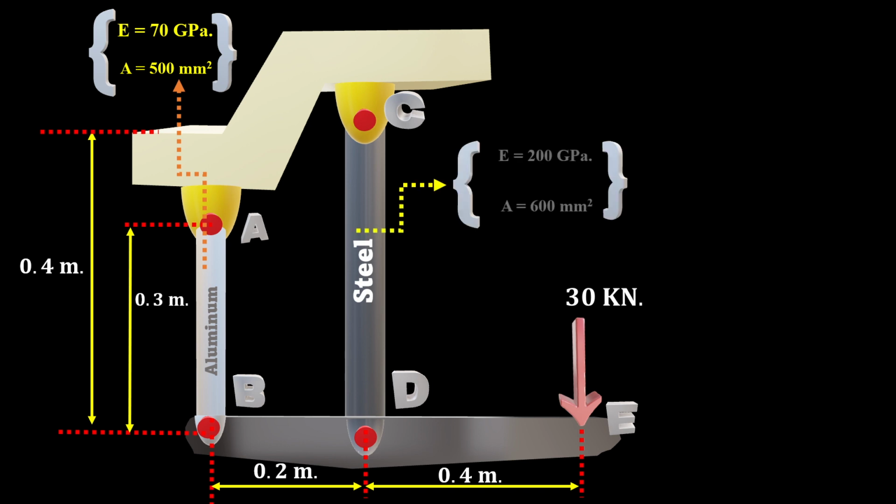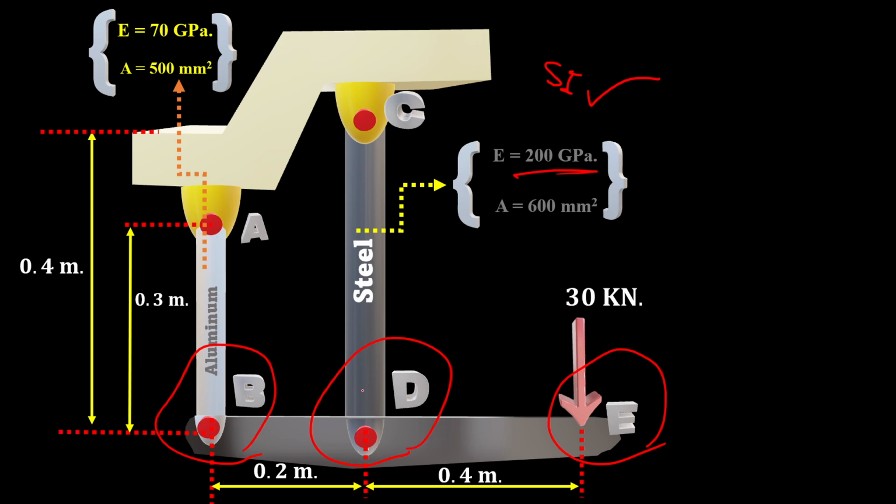And for the steel, the area is provided to be 1600 millimeters squared, and the modulus of elasticity for the steel is 200 gigapascal in terms of SI units. So we want to know what is the deflection at B, D, and also E.